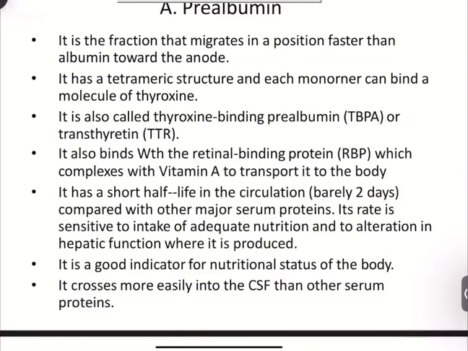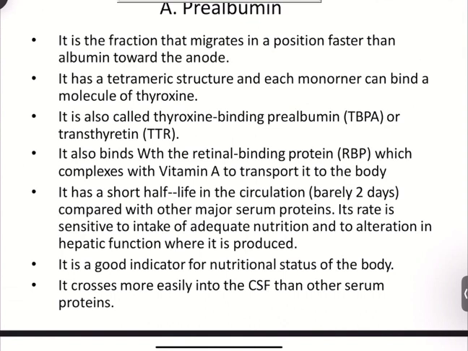So first of those is your pre-albumin. It is a fraction that migrates faster than albumin. That is why pre-albumin always comes ahead of albumin in moving from the electrodes. It has a tetrameric structure, and each monomer can bind a molecule of thyroxine.